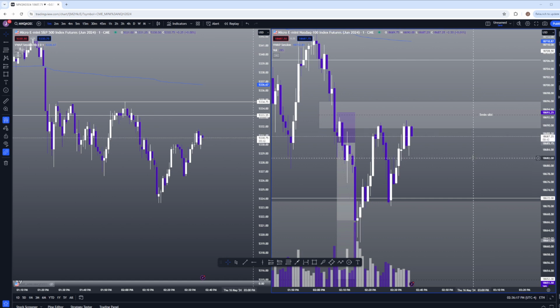Low volume, ranging price action is not the type of price action I prefer to trade.